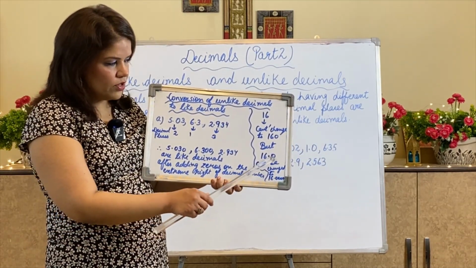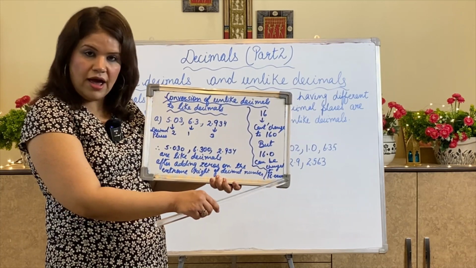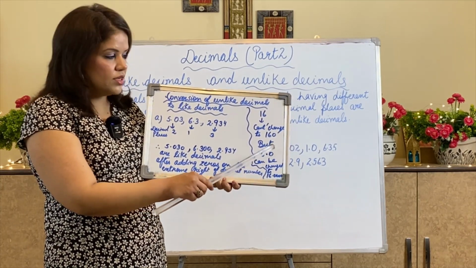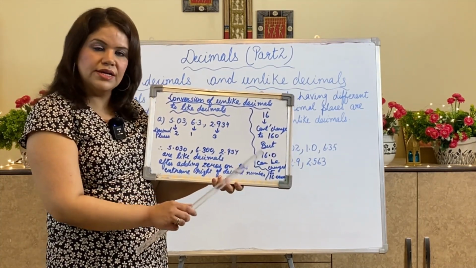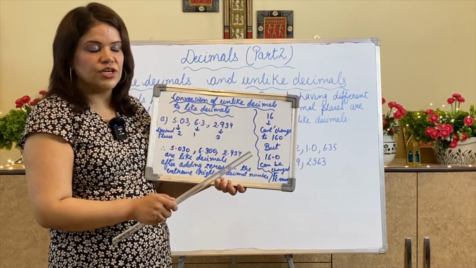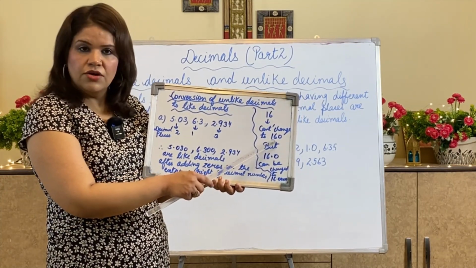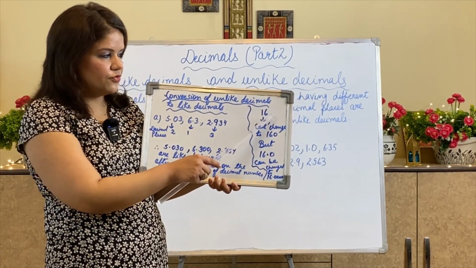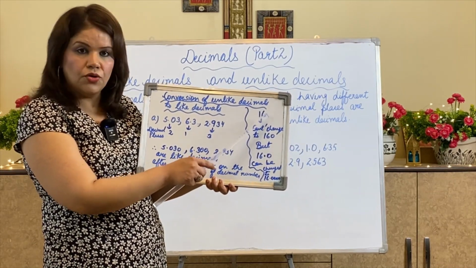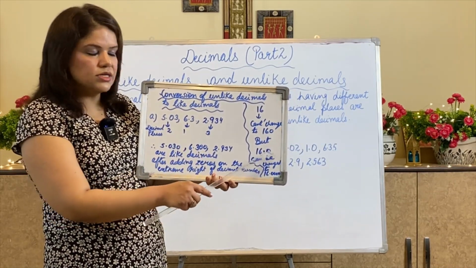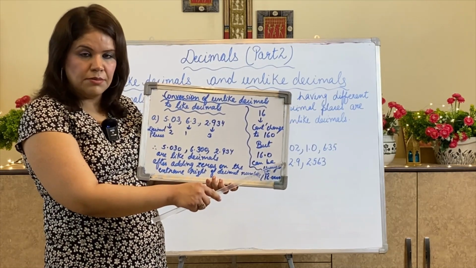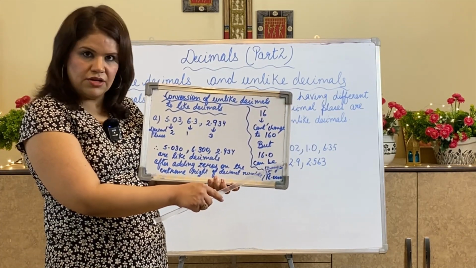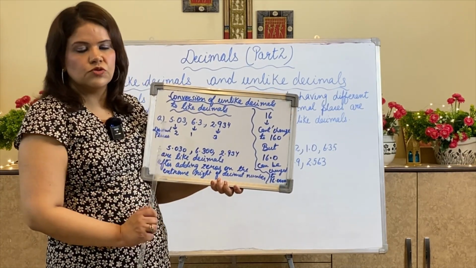Here I had 0 only, after this I have written these 2 zeros. So this value and this value are the same. It is not changing. We can change the value if I add 0 to a whole number. But if I add zeros towards the extreme right of the decimal, that doesn't change its value.